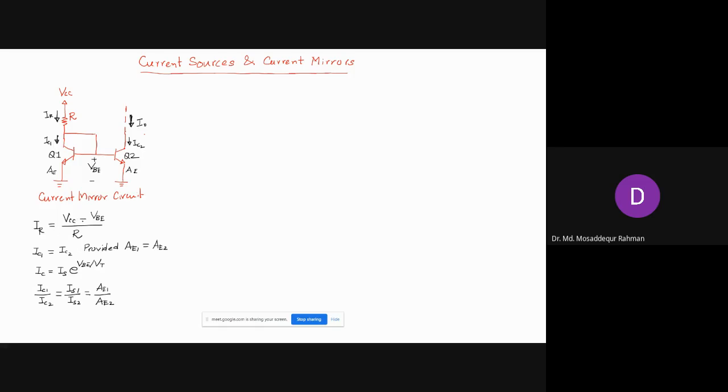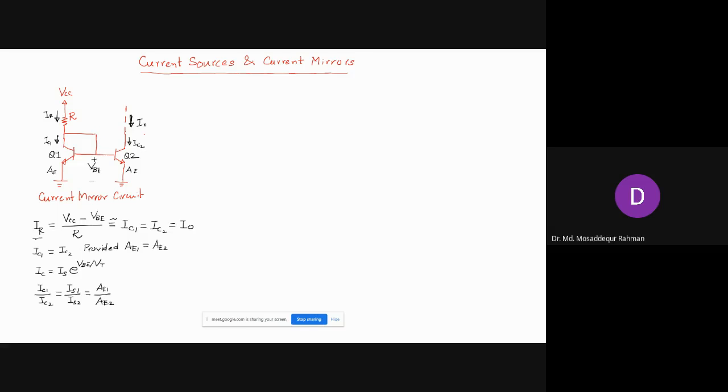And if we ignore base current, which is usually much smaller than IC, then IR we can equate to IC1. IR is equal to IC1, and that IC1 is reproduced in Q2, that is equal to IC2, and IC2 is the same as I naught.